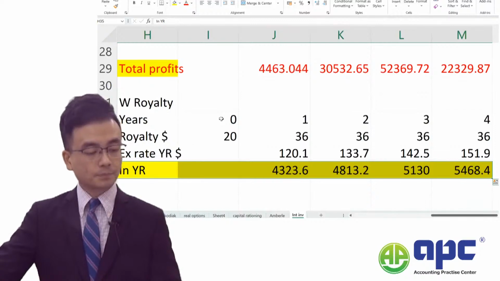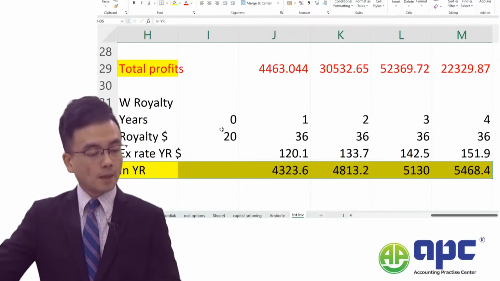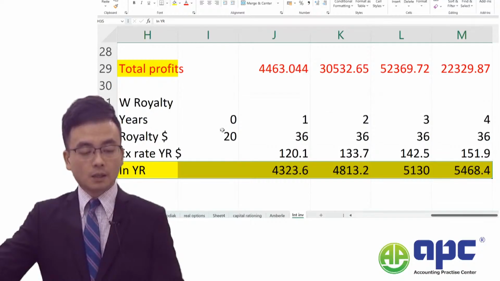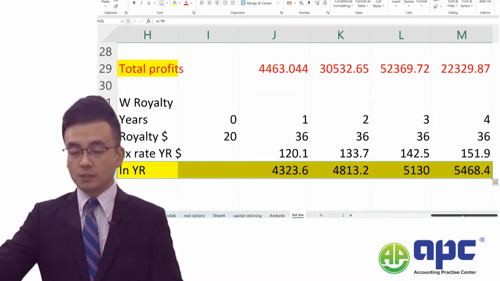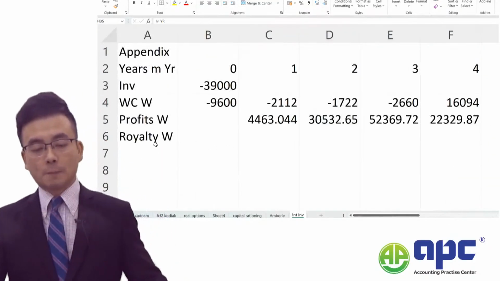That is what we'd like to receive from the parent company's point of view, but from the foreign project's point of view, that would be a payment.